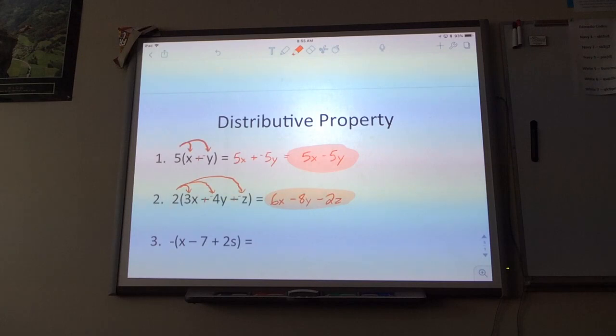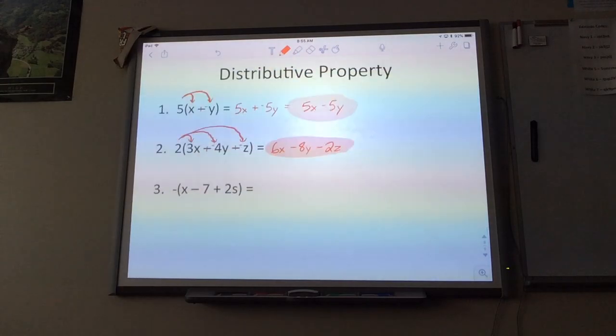Okay, last, what are we going to distribute on this one? What is immediately outside of that parentheses? A negative what? A negative 1 is hidden out there. Okay? So you can distribute a negative 1 to each piece of this. You just have to flip everything to negative. We learned a couple classes ago, if there's a negative immediately outside of grouping symbols, all that means is everything inside becomes its opposite, right?